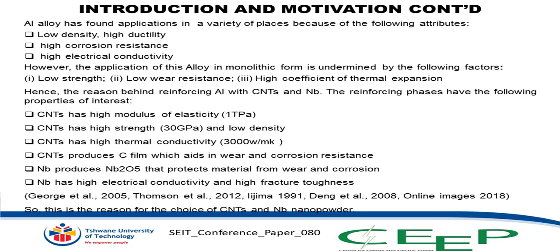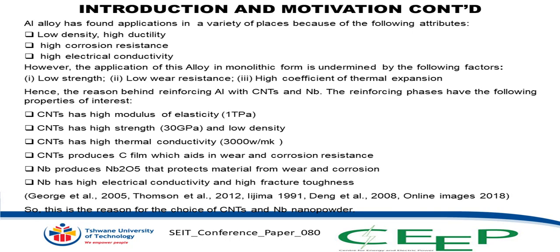Now, why did we choose aluminium as our base material in this work? Aluminium has found many applications in a variety of places because of the following attributes. Aluminium alloy has low density, high ductility, high corrosion resistance and high electrical conductivity. However, the application of aluminium in its monolithic form is undermined by the following factors.